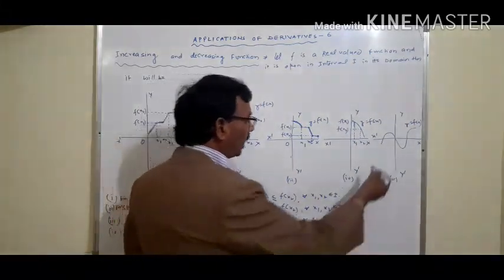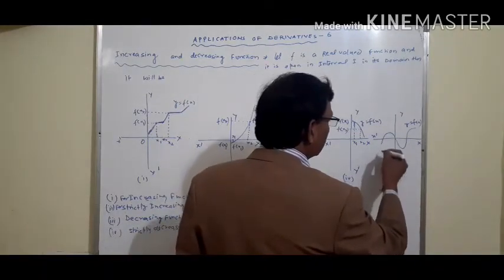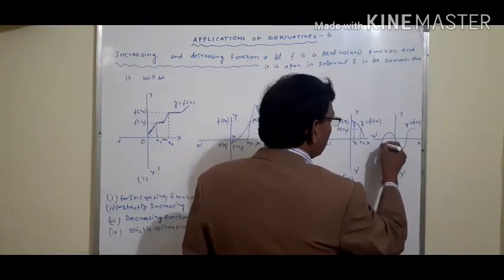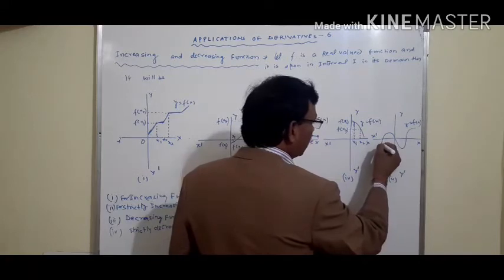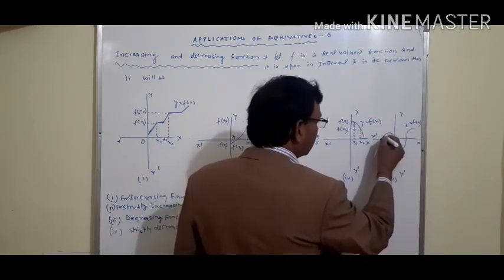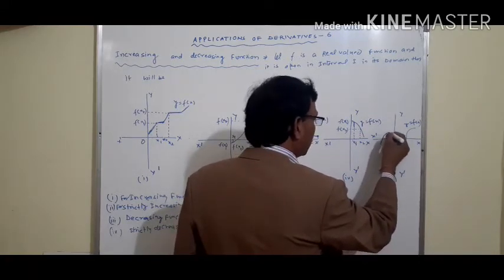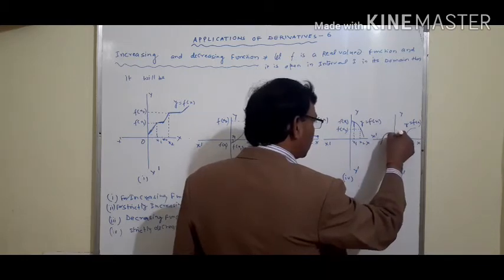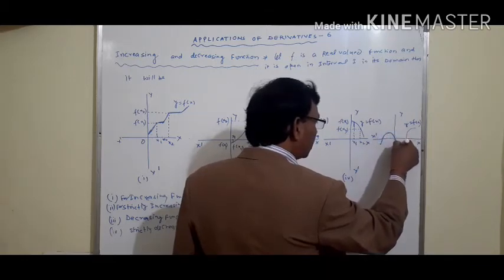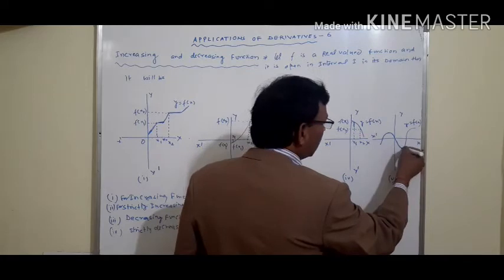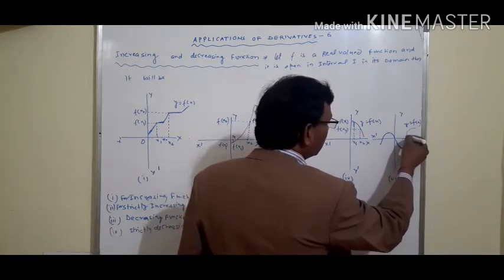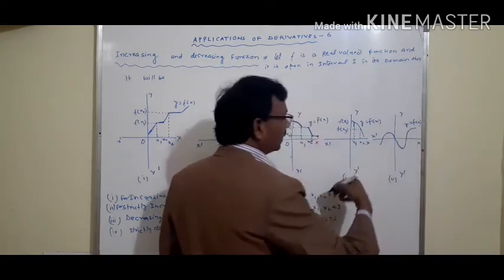Now in the last graph, you can see the function starts from here and increases to this point, again from this point it decreases to here, and again from this point it increases like this.